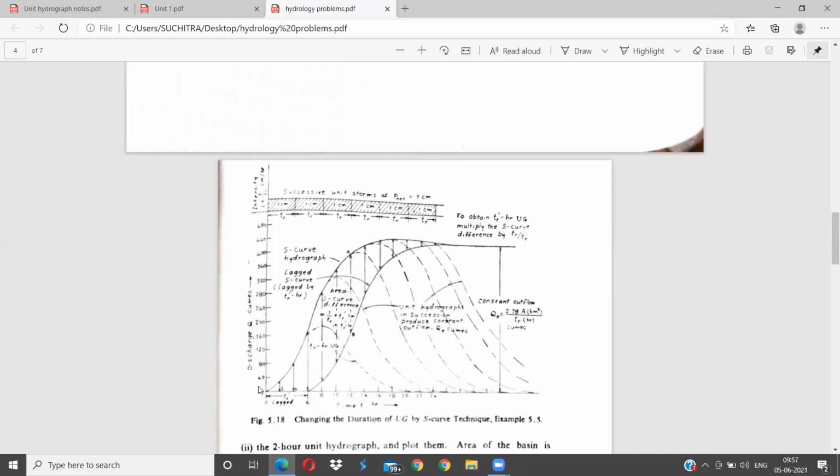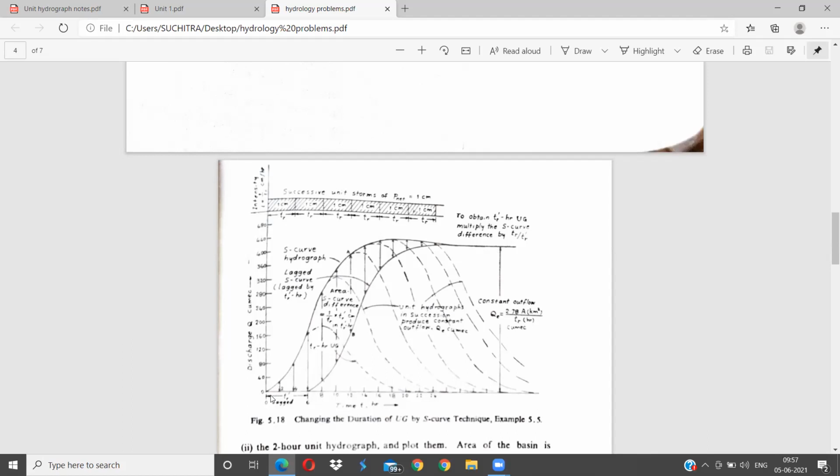Now here, in order to derive a longer duration unit hydrograph from a short duration one, or a short duration from a longer duration, first you have to plot this S curve. Once you plot this S curve, it is shifted along the time axis, whether you require a 3-hour unit hydrograph, or a 6-hour unit hydrograph, or a 7-hour unit hydrograph.